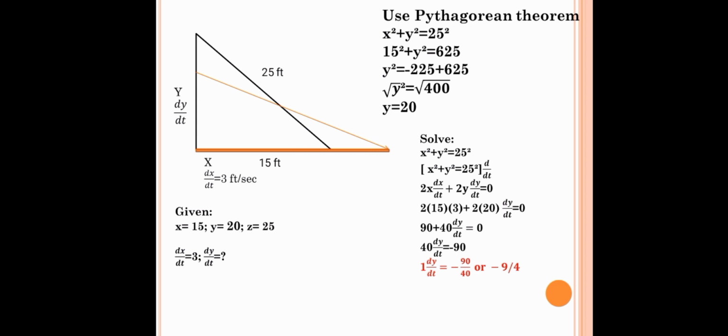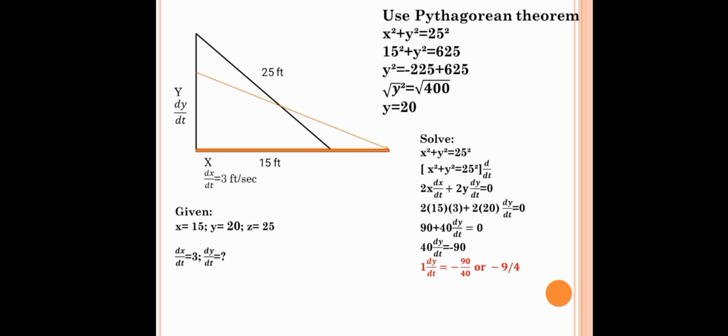To get the dy over dt value, add negative 90 to both sides. And we are left with 40 dy over dt is equal to negative 90. To get dy over dt, divide both sides by 40. We are left with dy over dt is equal to negative 90 over 40, or negative 9 over 4.